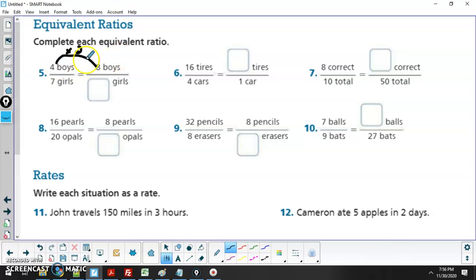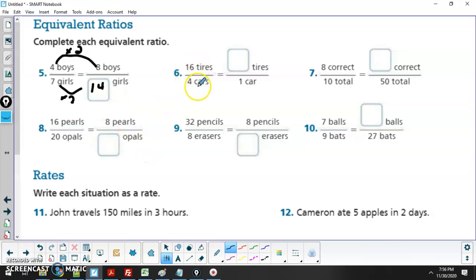So how do I go from 4 to 8? I times it by 2. So to go from 7 to something, I'm going to times it by 2 because I times the top by 2. All right, so 8 boys to 14 girls would be an equivalent ratio. Okay, so equivalent ratios are basically fractions that are the same. All right, so hopefully that isn't so bad.